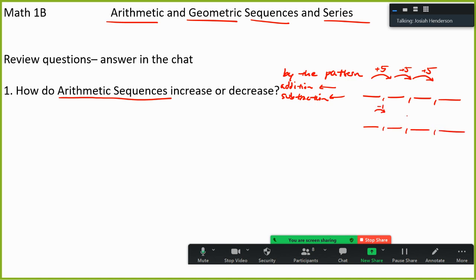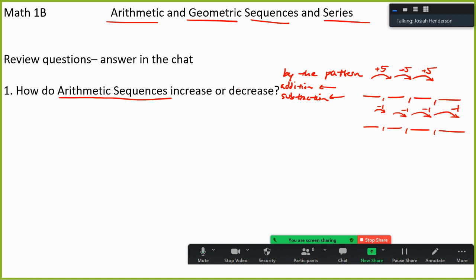Maybe it's going down one, down one, down one, and so forth. So that's how arithmetic sequences increase or decrease, by adding the same number or by subtracting the same number in that pattern over and over again.